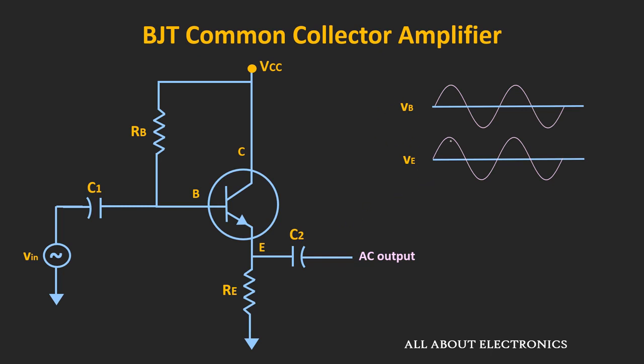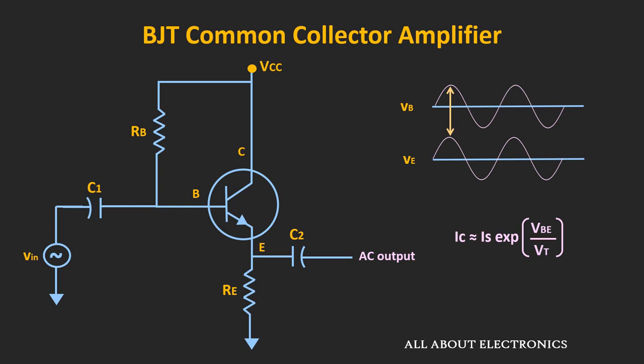Now if this AC output signal is more than the input signal, then at any given point of time, the difference between the base and the emitter terminal will be less than 0.7 volt. That means if the output voltage is more than the input voltage, then the voltage VBE will reduce. From this expression, the collector current IC will reduce.